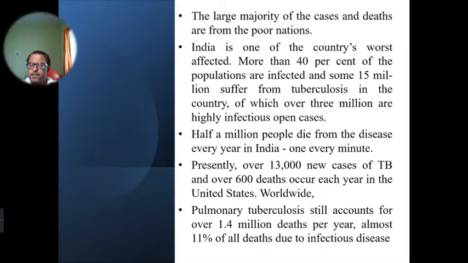Pulmonary tuberculosis still accounts for over 1.4 million deaths per year, which is almost 11% of the deaths due to infectious disease. Out of all the diseases that occur to human beings, 11% of the deaths occur only because of pulmonary tuberculosis, and the rest of the deaths occur in other ways.